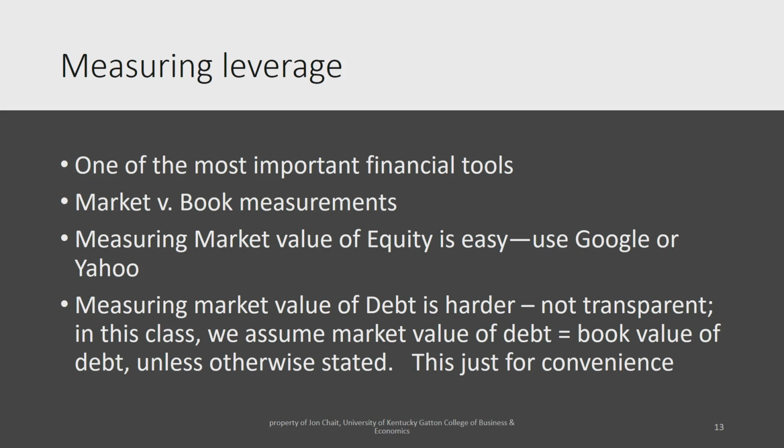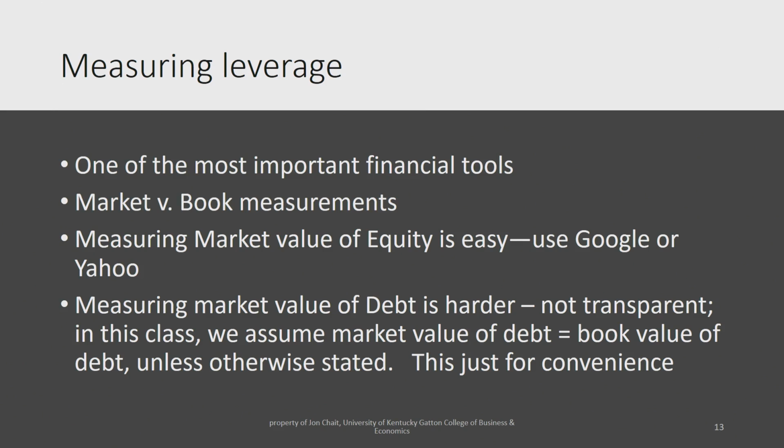If you have a Bloomberg machine, you can look up the market value of debt for any security. When we get to the section of the class about bonds, we'll be able to look in real time at the market value of debt, and you'll see that debt, which is frequently issued at par, around $1,000 per bond, very seldom trades at par.